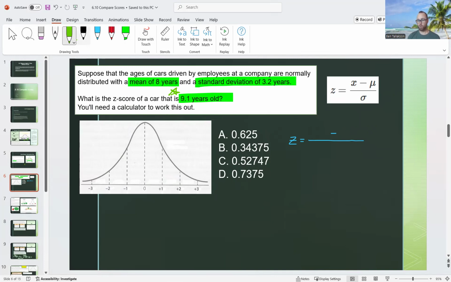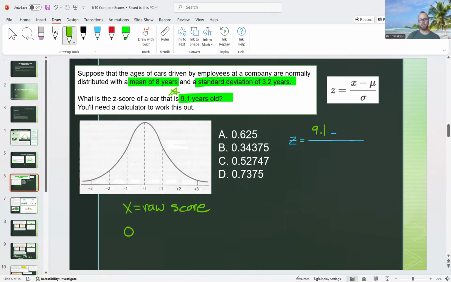The raw score. And which one of these symbols represents the raw score? That's going to be X. X is the raw score. You need to know that for sure. Now, do you remember what this symbol stands for? In the denominator. That is standard deviation.